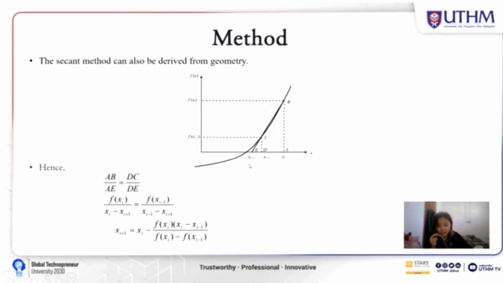ABE and DCE are similar triangles. Hence, AB over AE is equal to DC over DE. After we rearrange the equation, we get the last equation shown here. That is how we derive the formula of the secant method.